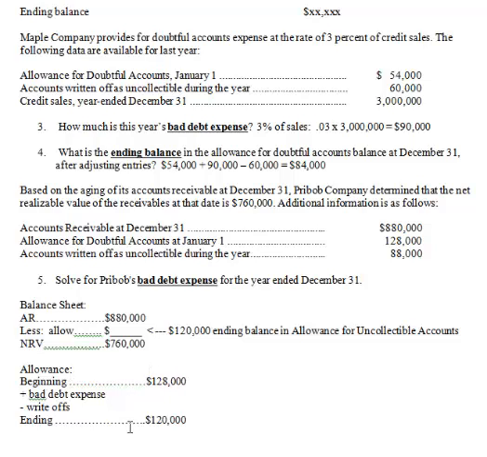So we have the beginning and we have the ending, and we're looking for this bad debt expense, and they do give us the write-offs. They do tell us that write-offs during the period were 88,000.